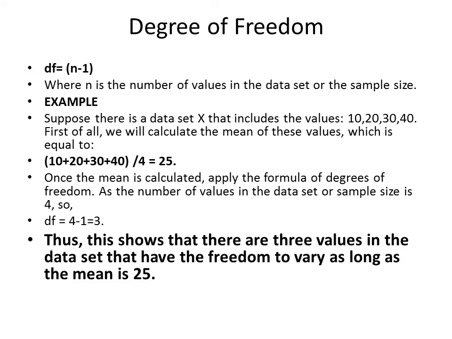So 7 minus 1 is equal to 6, and there are 7 values in the data set. So only 6 values can change while keeping the mean equal to 100. The mean should not change. Only the values can change, keeping in mind that the mean should not change. So this is what a degree of freedom is.